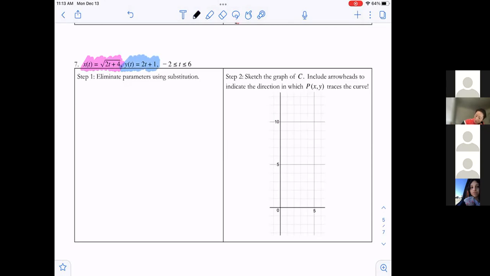Square the x. So x equals square root of 2t plus 4. All right. If I square it, I get this.